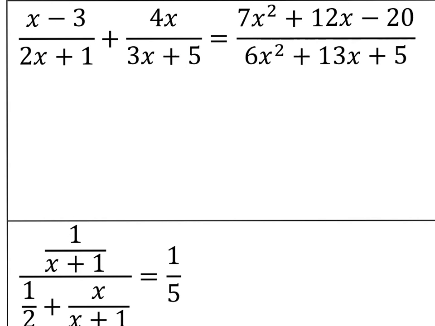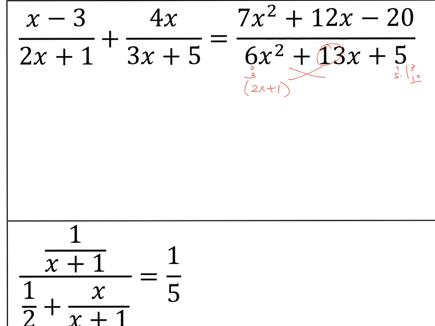Okay, this one is a little bit more complex. I'm going to first factor this part out, and it should be 2, 3, 1, 5. So 2x plus 1. Okay, this is 10, 13.